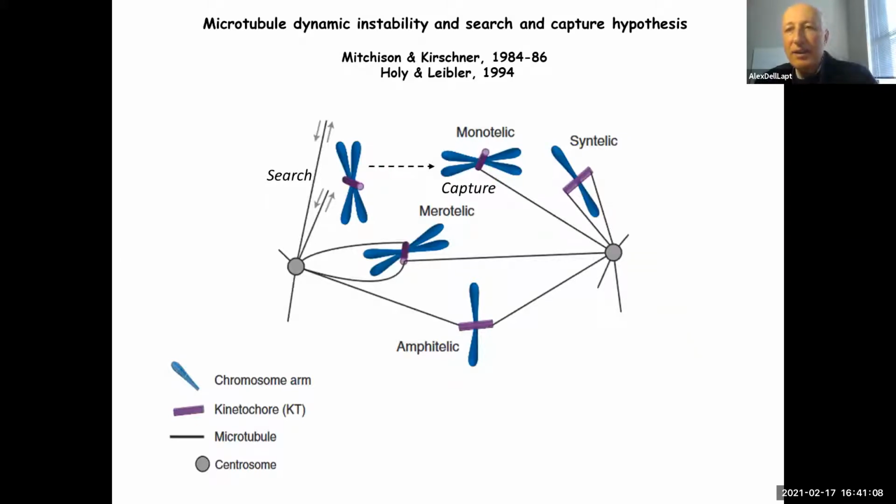The first physical and mathematical idea on how the spindle assembles came from work about 35 years ago that started with Mitchison and Kirschner, two demigods of modern cell biology, who in the middle of the 80s discovered the process called microtubule dynamic instability.